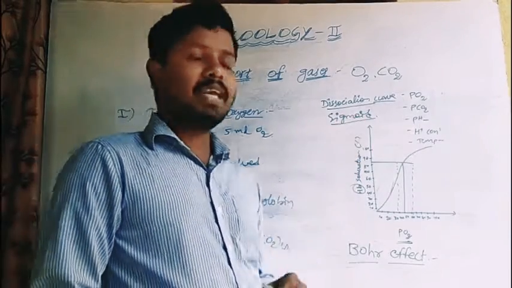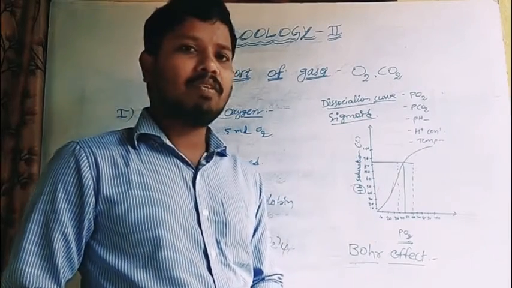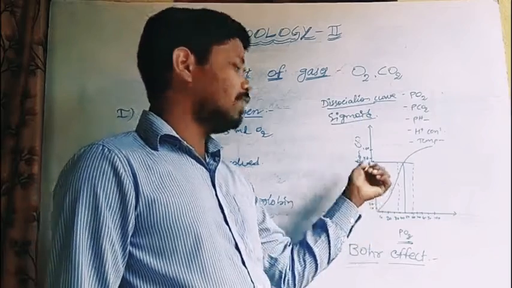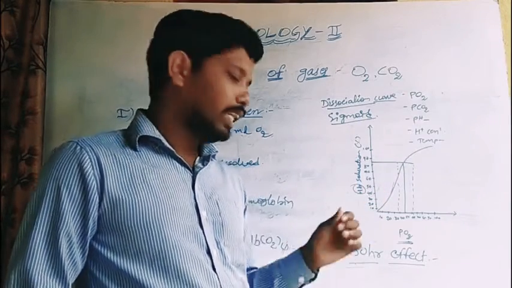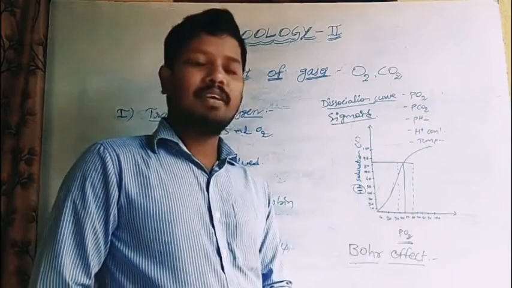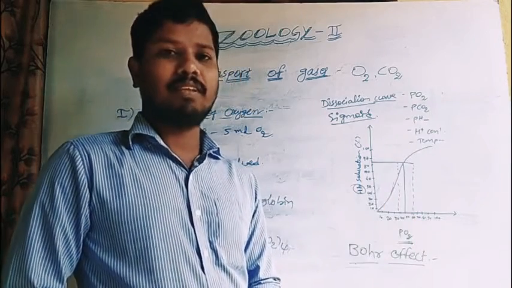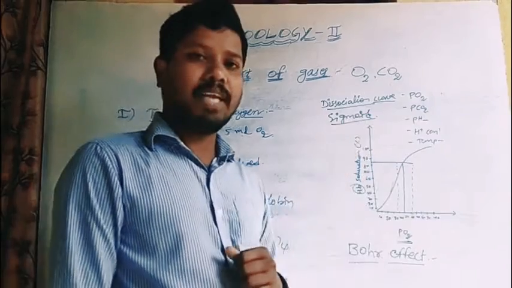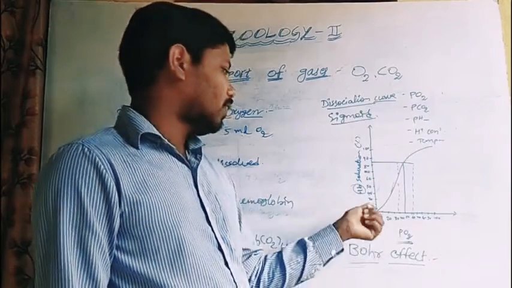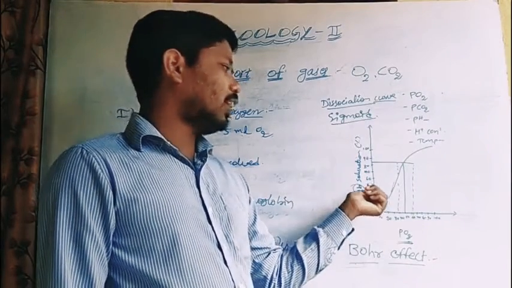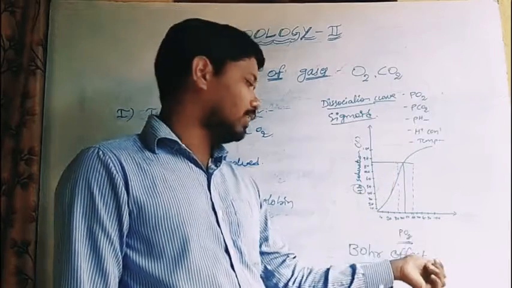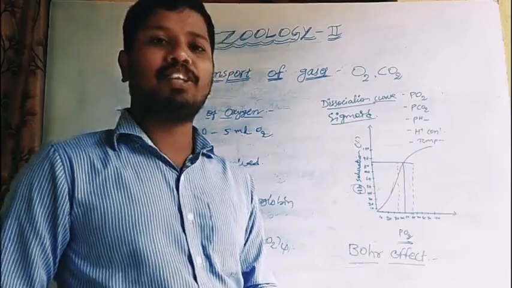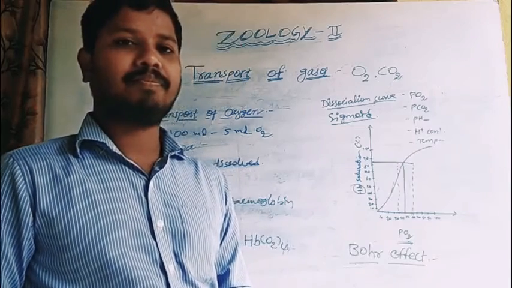It is obtained when the percentage saturation of hemoglobin with oxygen is plotted against the partial pressure of oxygen.